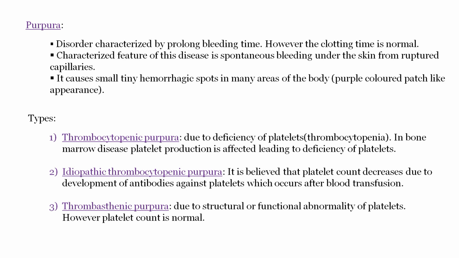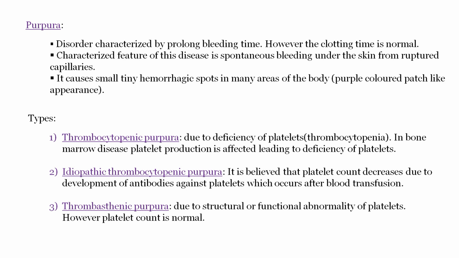Characteristic feature of this disease is spontaneous bleeding under the skin from ruptured capillaries. It causes small, tiny hemorrhagic spots in many areas of the body, giving a purple-colored patch-like appearance. Thrombocytopenic purpura, due to deficiency of platelets, thrombocytopenia.